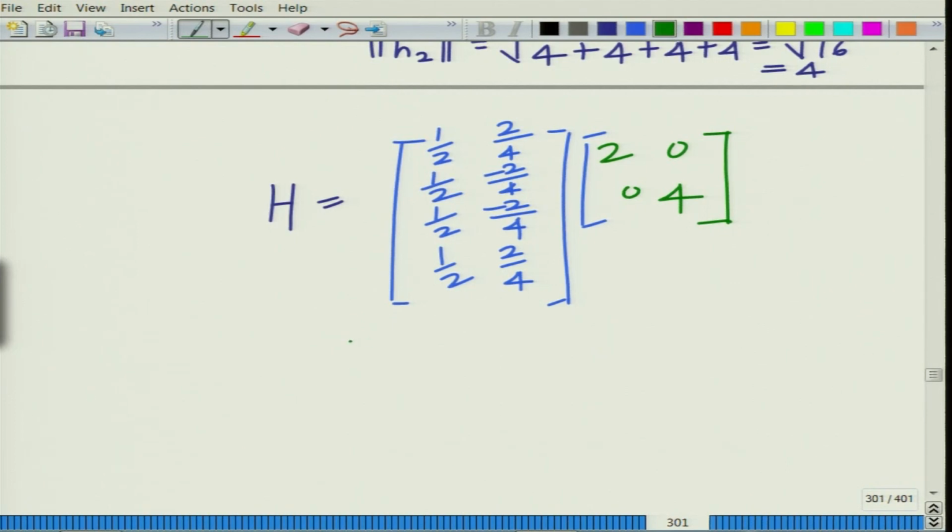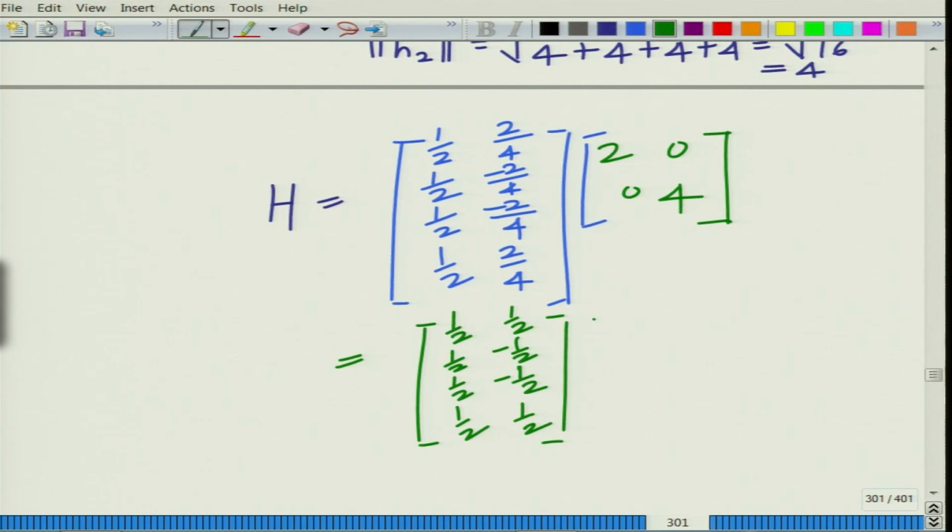Simplifying, this is half, half, half, half, half, minus half, minus half, half, times 2, 4, 0, 0.